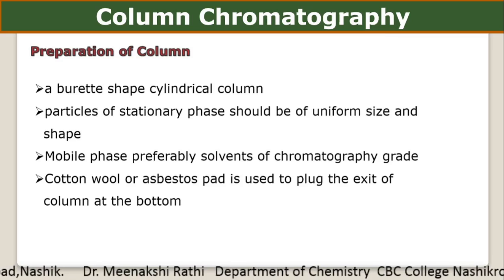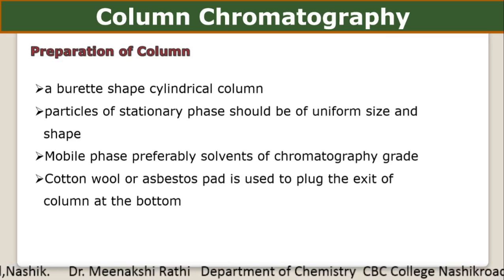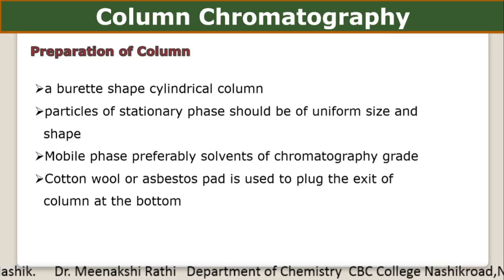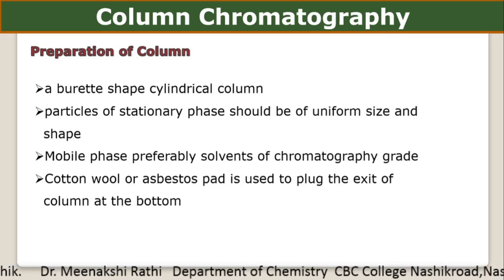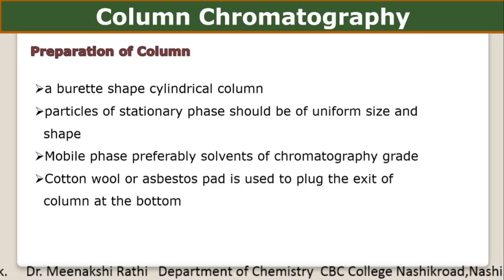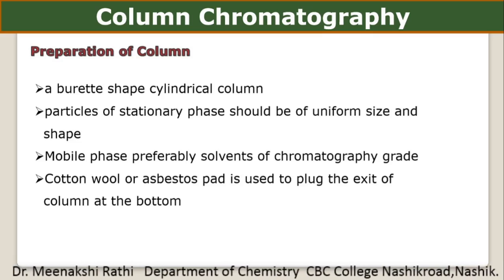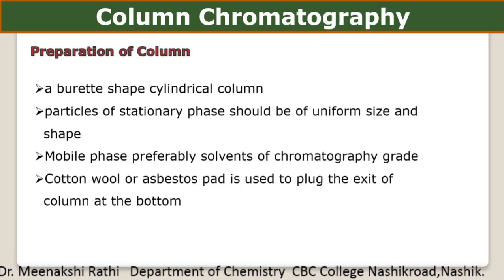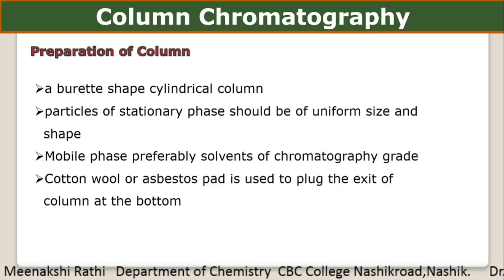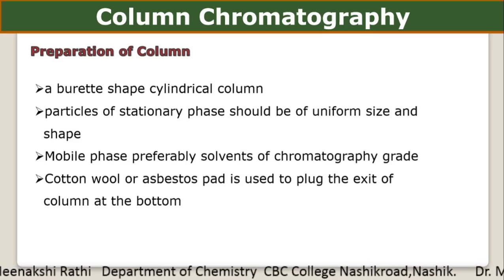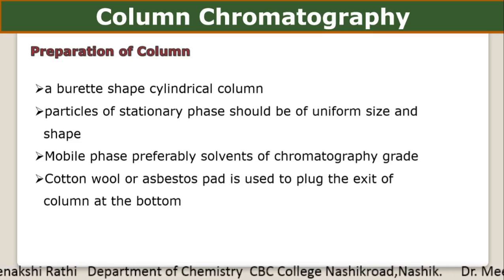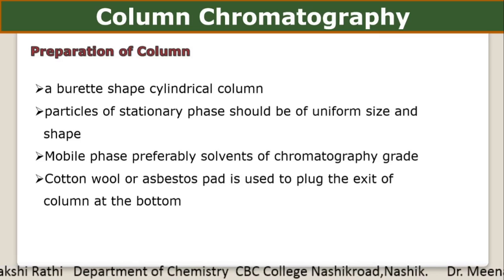So these are the requirements for the preparation of column. So we require a burette-shaped cylindrical column, then a solid stationary phase whose particles are of uniform size and shape, then chromatographic grade mobile phase solvent, and cotton wool or asbestos pad.